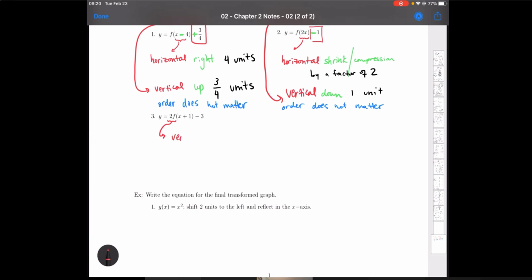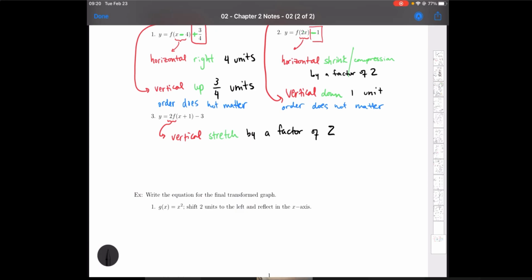That's vertical since it's on the outside. Excellent. We get a stretch, and we know exactly how it's stretching, by a factor of 2. Cool. All right, that takes care of that 2.